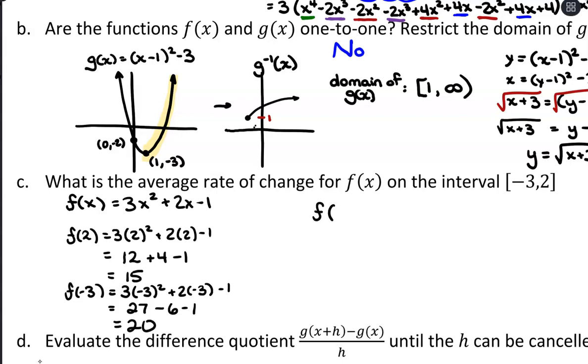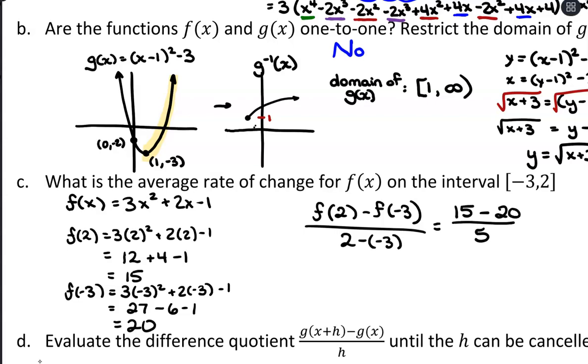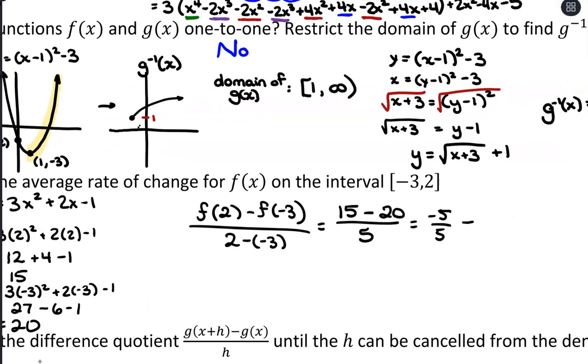So if we're taking f of 2 minus f of negative 3 all over 2 minus negative 3, f of 2 is 15. Subtract away f of negative 3, which is 20, all over 5, which will be negative 5 over 5. So we're getting out negative 1 for our average rate of change.